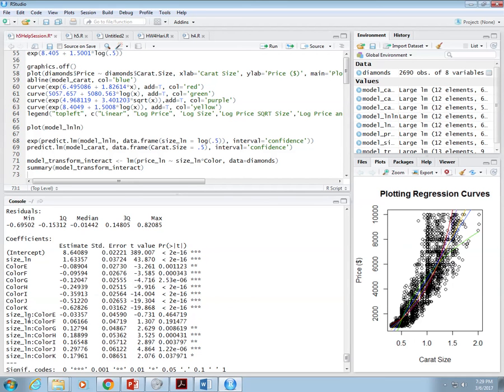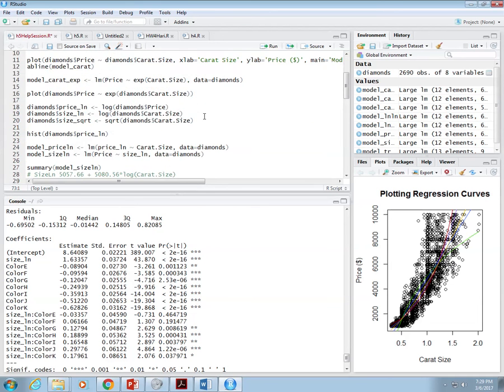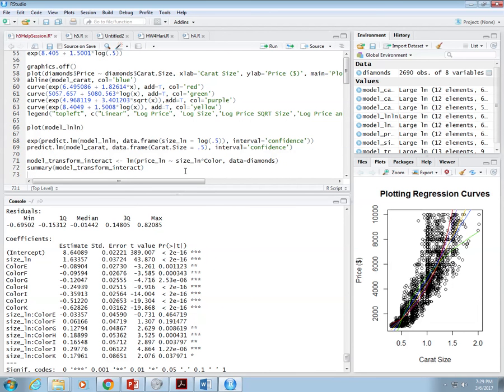And if you see color.L, color.Q, color.C, instead of color E, F, G, H, I, J, K, what it's trying to do is make some sort of linear transformation, and you need to unorder your colors, essentially. So your colors are ordered, and for some reason it does some weird things when you have them ordered.